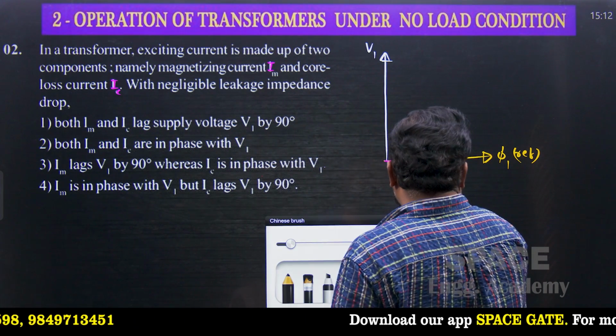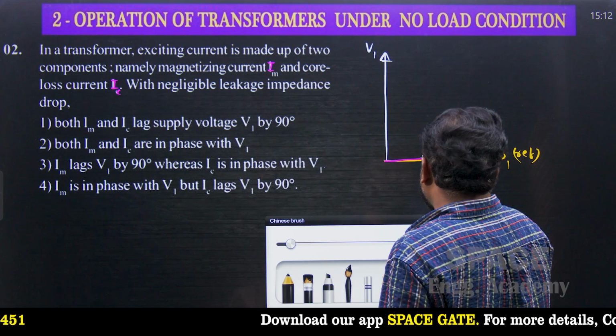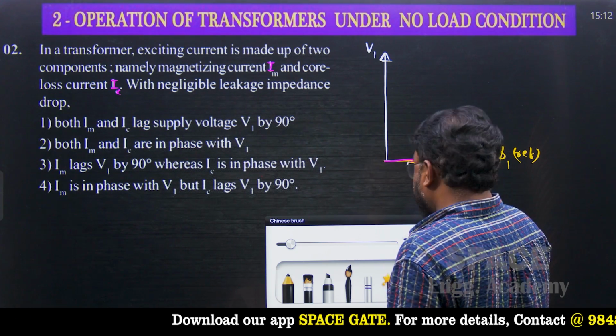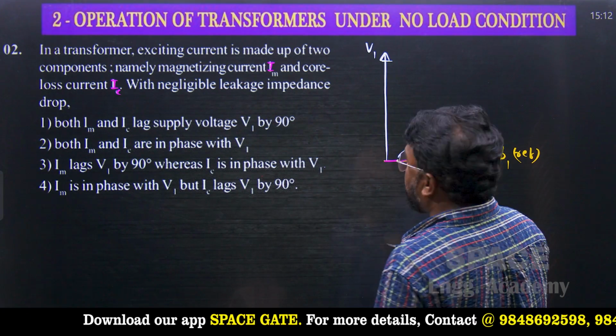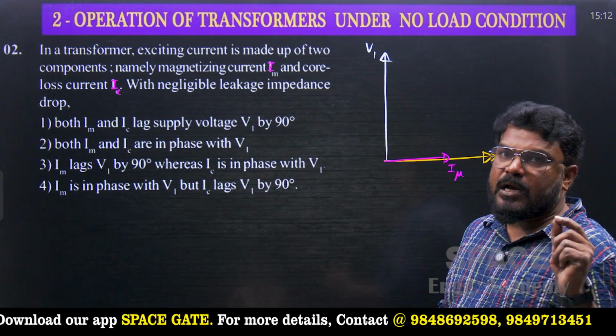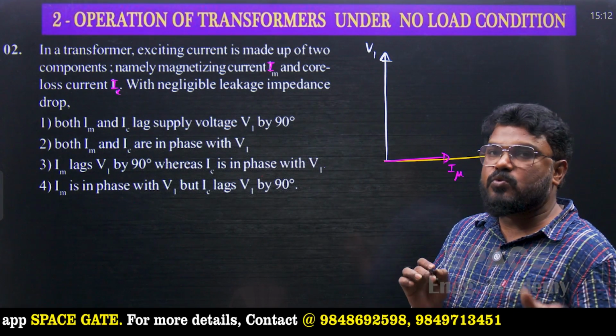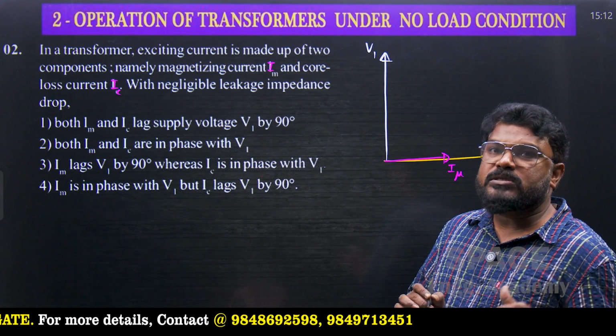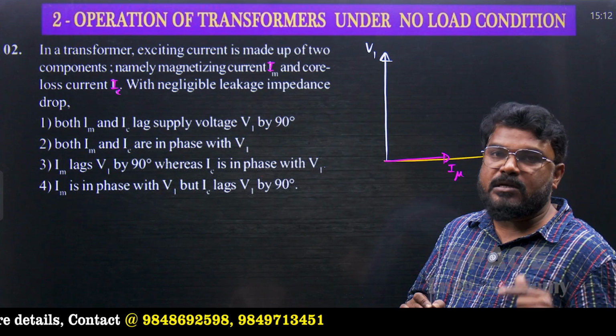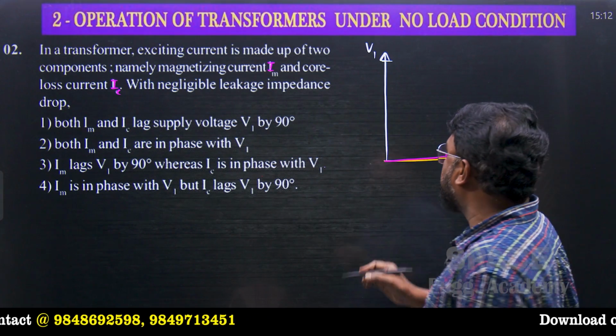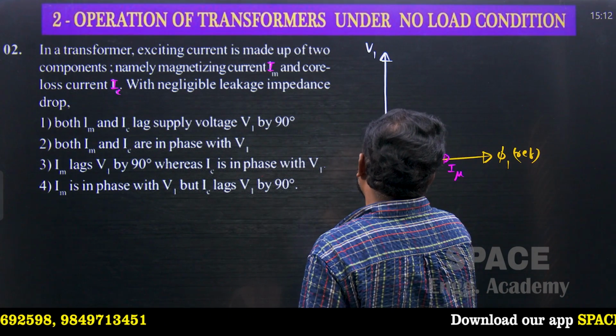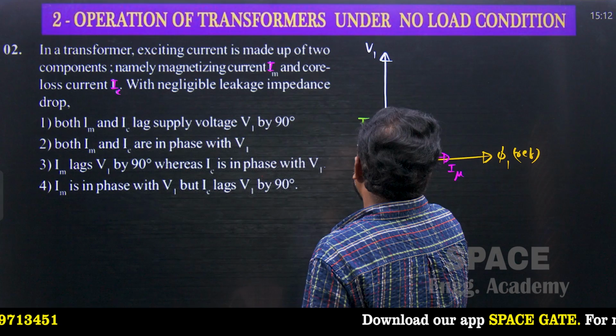Now one more current is required, that is the iron loss component of current. It is modeled with a resistive element, and current in a resistive element is always in phase with the applied voltage.